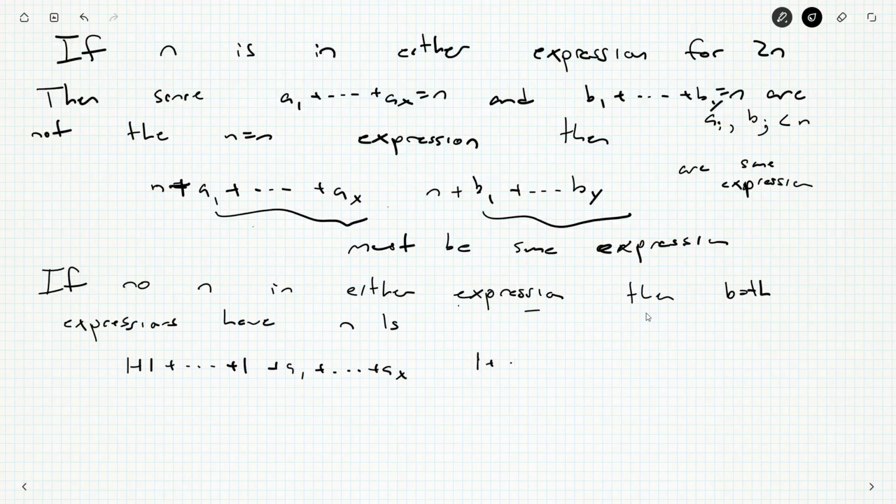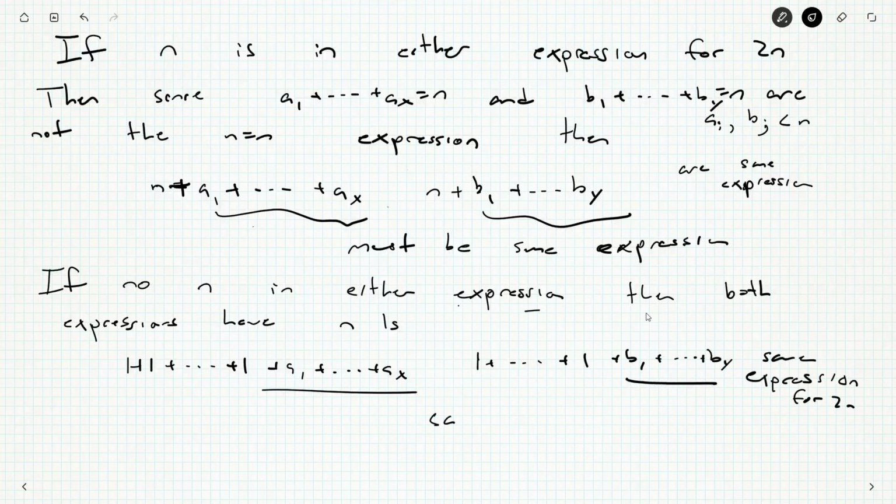And then 1 plus 1. This is the same expression for 2n, and therefore these guys are the same expression.